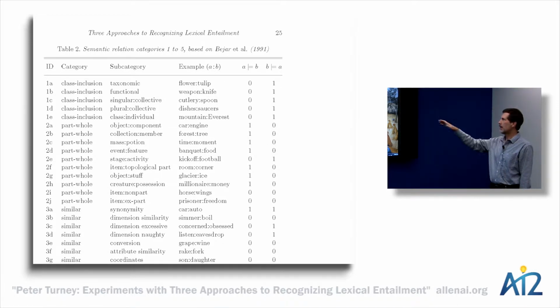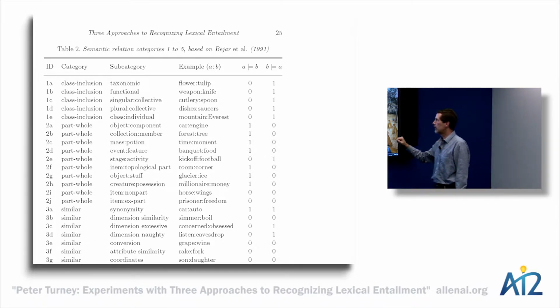So this is part of the table that lists the 79 different semantic relations. They're arranged in 10 high-level categories. So the numbers 1 here are all class inclusion relations. Within the high-level category, there are these more fine-grained relations, and this table has examples of each of these.